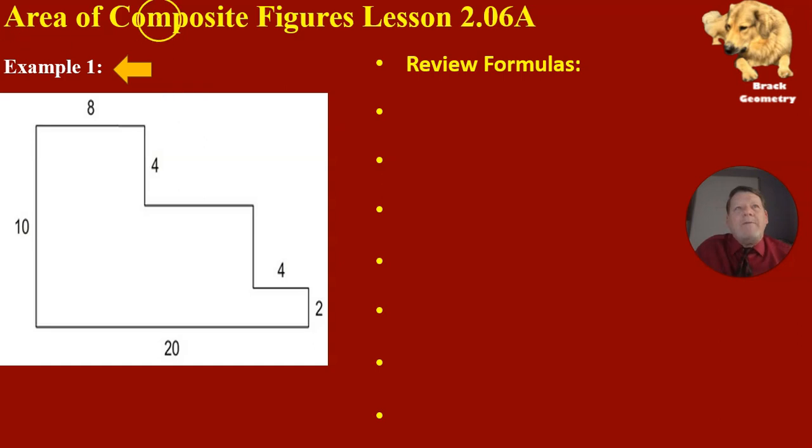So in example 1, we have this shape that looks kind of like steps. They just haven't been built very well. We've got all these dimensions here. There are two easy ways to do this.